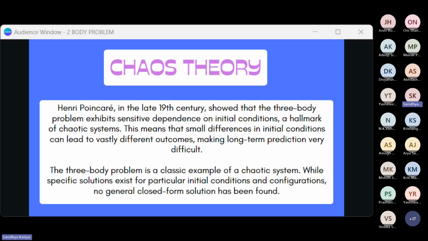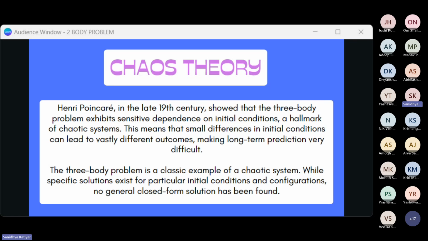If you just change the initial conditions by, let's say, 1%, or let's just say 0.1%, the final outcome could be totally different. This is what makes the system chaotic.